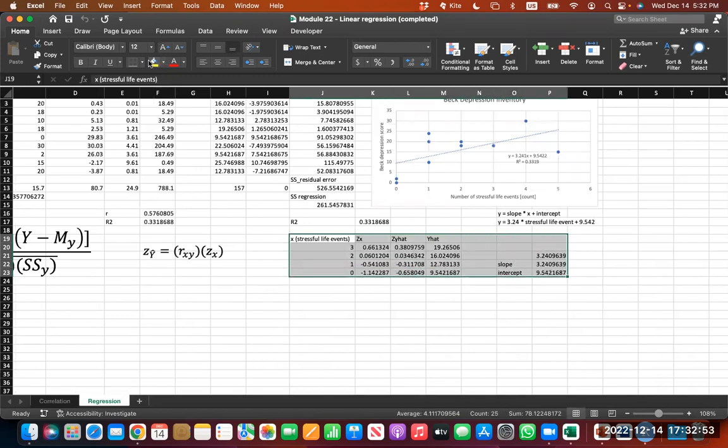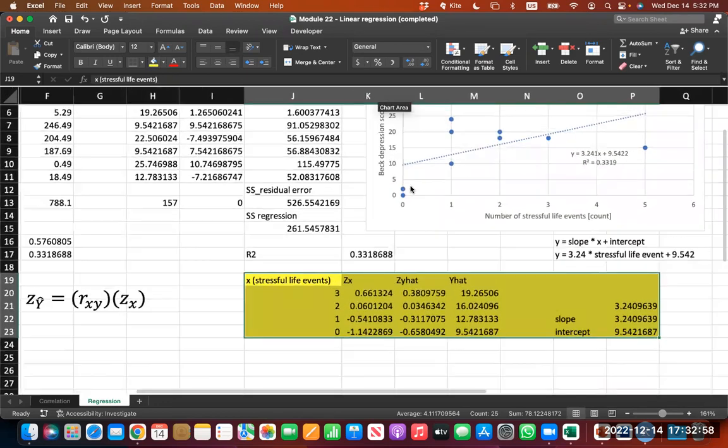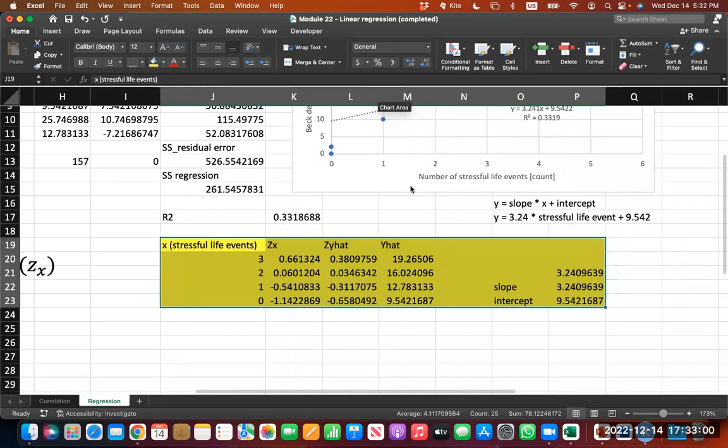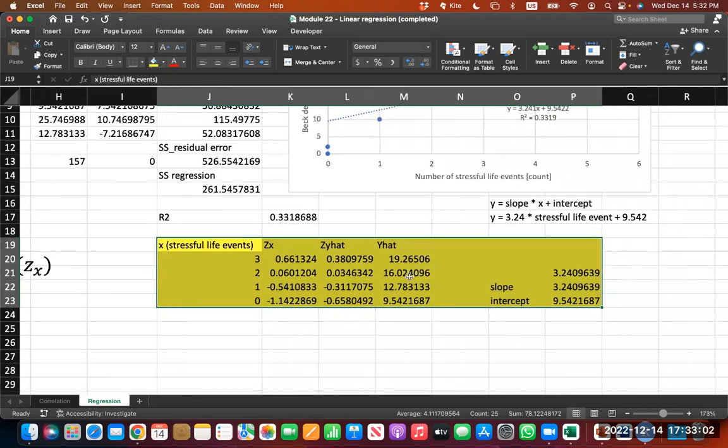When you look just at these components here, those were stressful life events. So we have regression scores from stressful life events. Our independent variable is stressful life events. We have 3, 2, 1, 0. You don't even need 3, but it comes back to that. You basically have a standardized set X, where you have the mean of X. You standardize, you get an individual z score, and the mean here was 1.9.